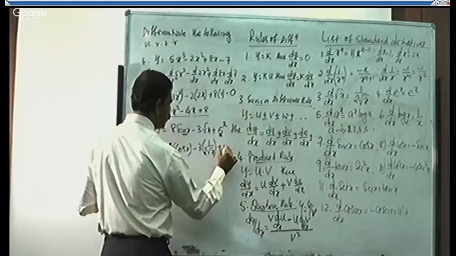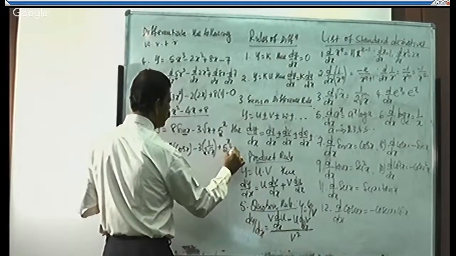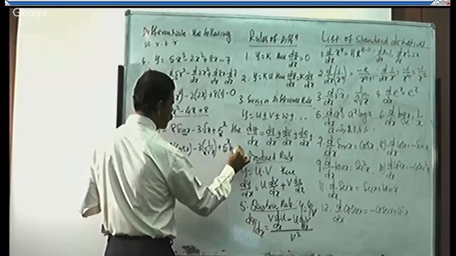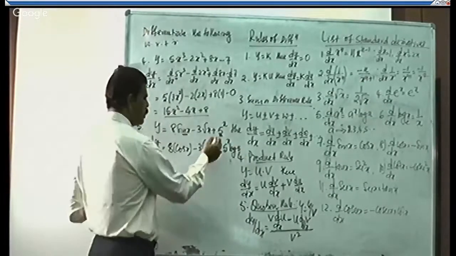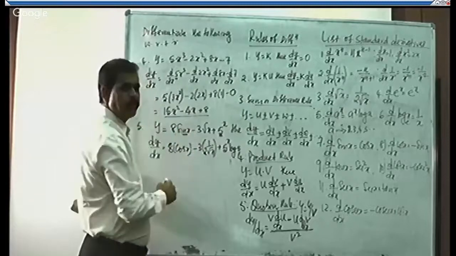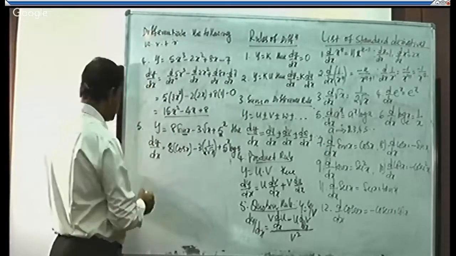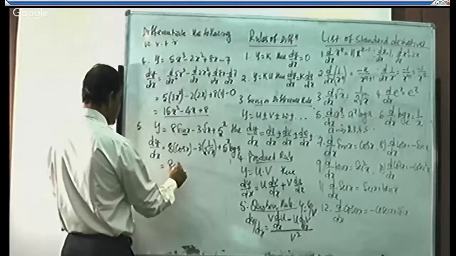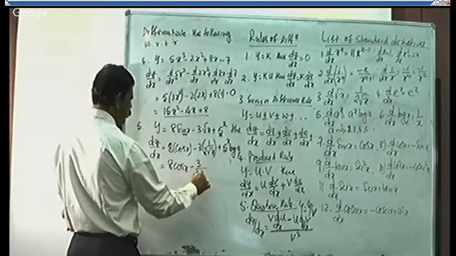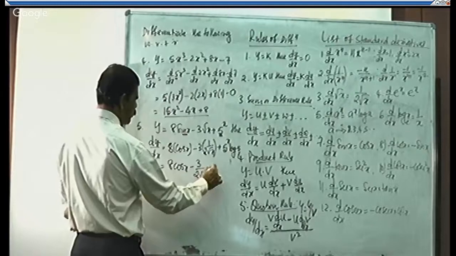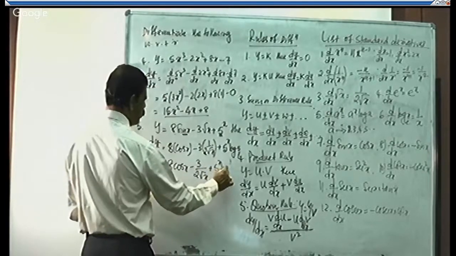While saying, you say the formula. While writing, you write the given term in place of a. Okay. Finally, it is 8 into cos x minus 3 by 2 root x plus 5 to the power of x into log 5.